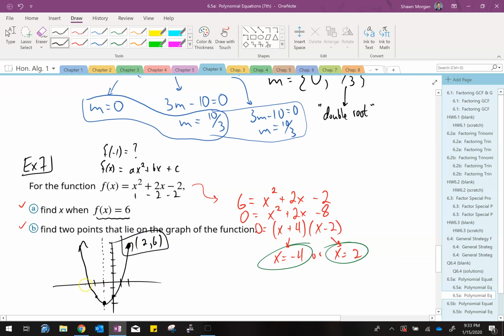As is -4. My graph is not as accurate as it should be, but this idea of (-4, 6) is also on the graph. And we didn't really have to graph the function to already know that, hey, the x-coordinate here is -4 when the y-coordinate is 6, and then the same thing, the x-coordinate being 2, when the y-coordinate is 6. We'll talk more about that in a later class.